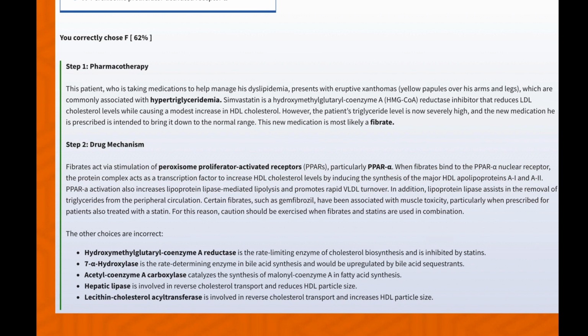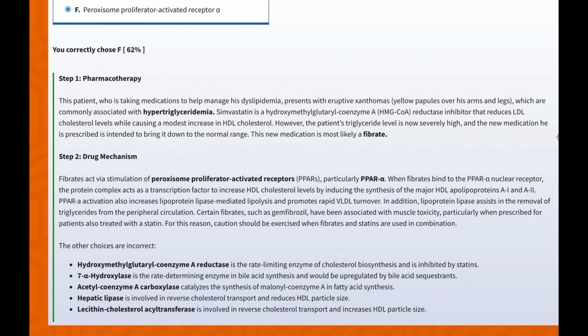You can see that this is a Step 1 pharmacotherapy question, not quite, because it's really more about the class as opposed to the drug. You had to identify the class, so it is kind of pharmacotherapy, but most of the specific pharmacotherapy, like the specific fibrate, is moving to Step 2 CK. And then drug mechanisms, because once you figure out what the class of drug is, then you have to work back to figure out the drug mechanism.